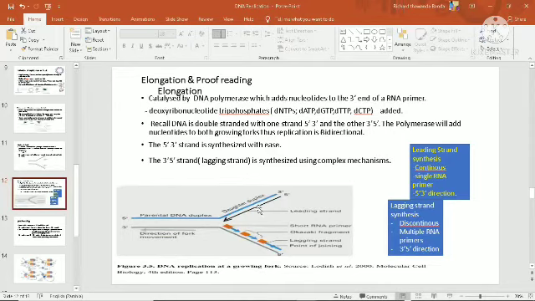Another thing that should be mentioned: the same DNA polymerases that are synthesizing these strands have an additional function apart from synthesis, which is proofreading.